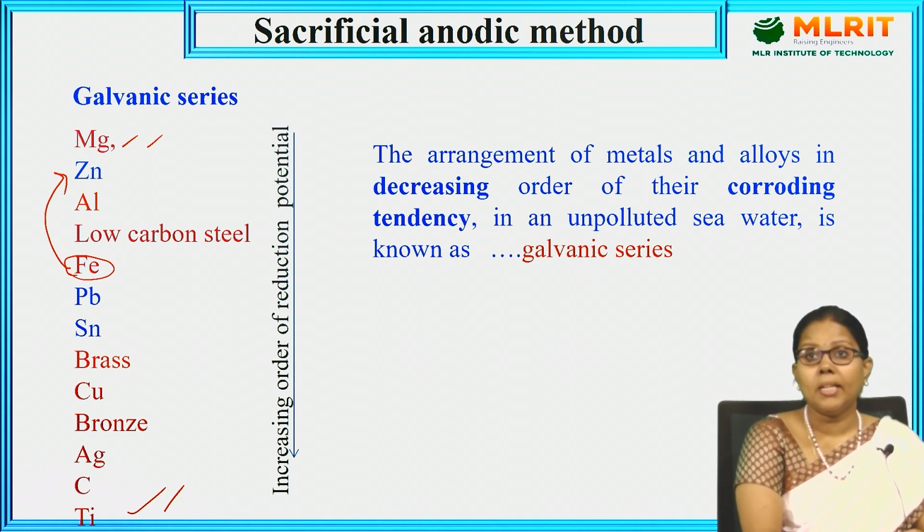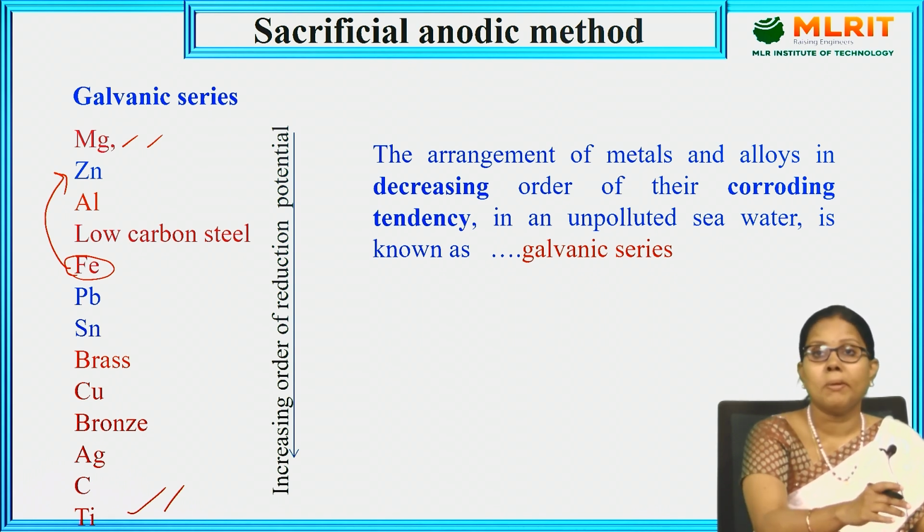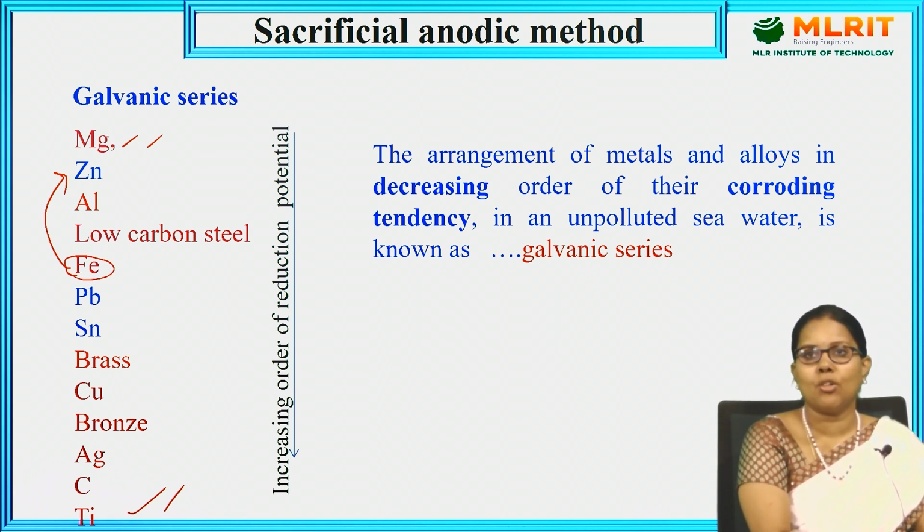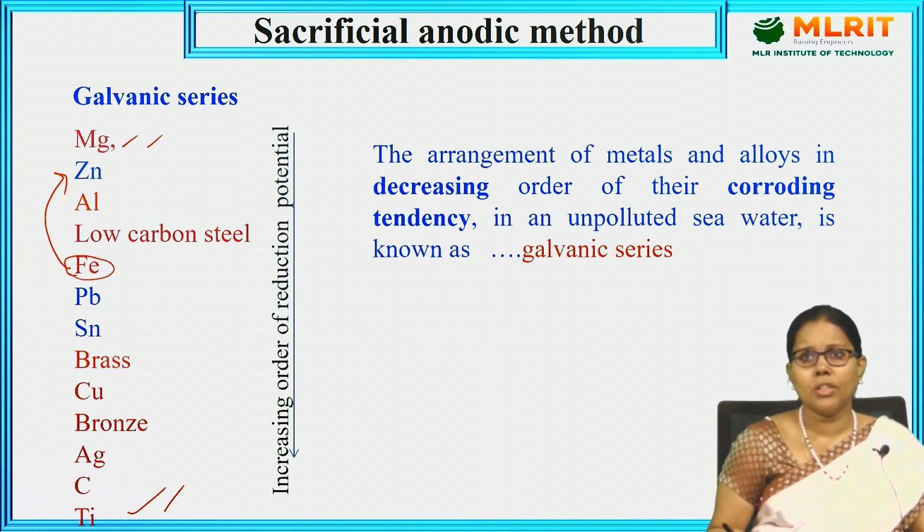If the pipeline is an iron pipeline, the metals above it can be used as an anode, and they get corroded very fast compared with iron. This is the order in which we arrange metals and alloys in increasing order of their reduction potential, called the galvanic series. Based on the galvanic series, we can choose a metal which acts as an anode.